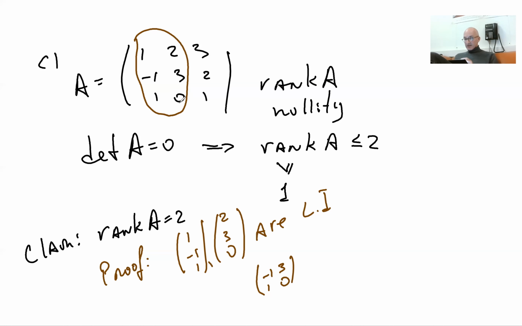If this is the case, it means if I remove, for example, the top row, the remaining 2 by 2 matrix also has rank 1. But this is the same as the determinant being 0. But we can compute the determinant is minus 3, it's not 0. It means that these two columns are linearly independent, so of course the whole set is also linearly independent. So rank is 2.